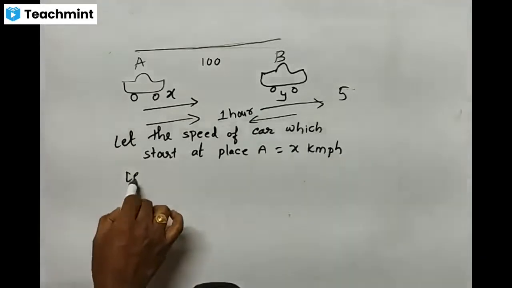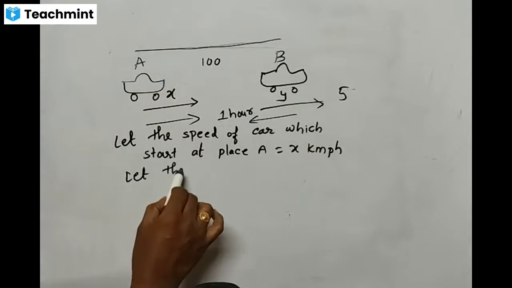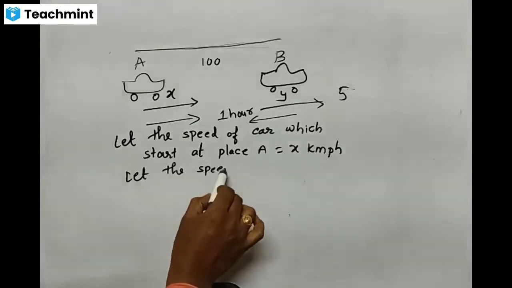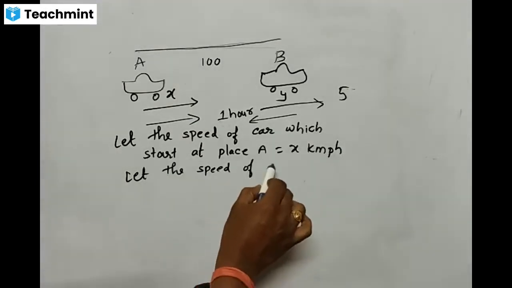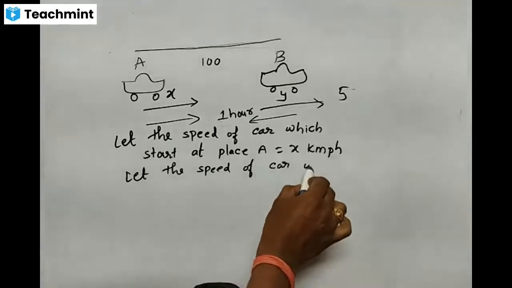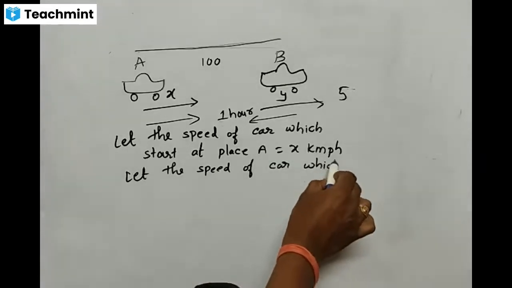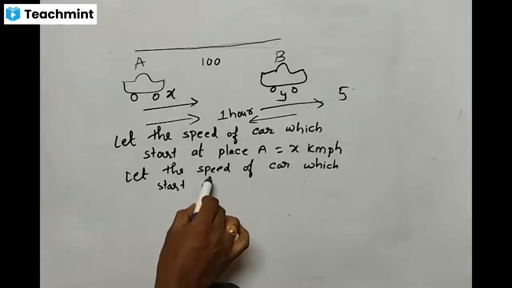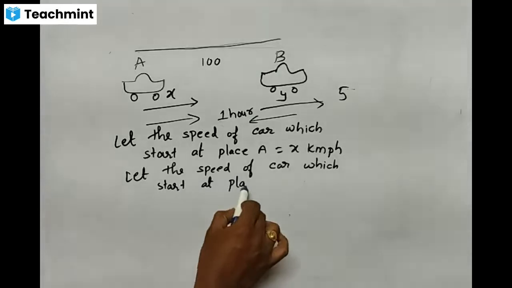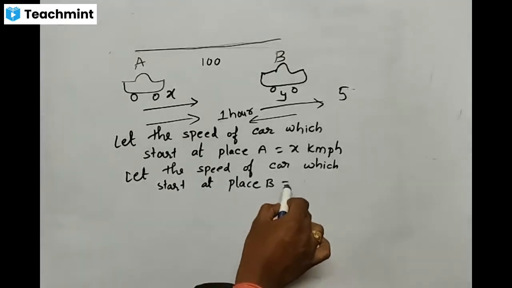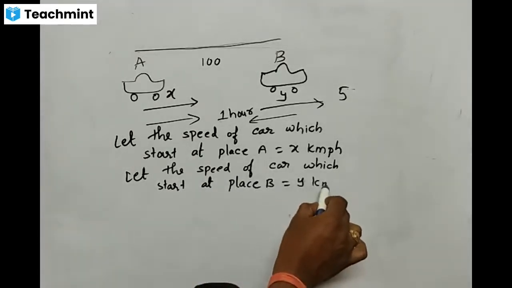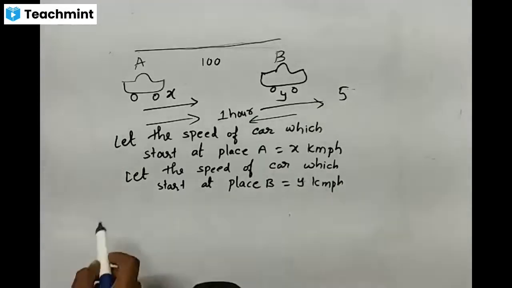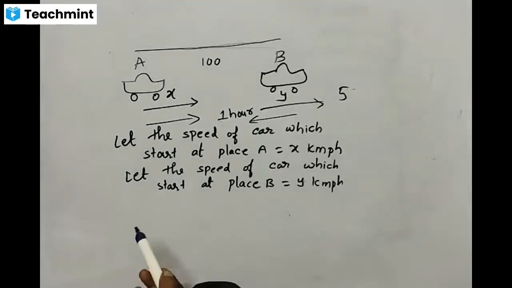Let the speed of the car which starts at place B be Y kilometers per hour. So this is the speed of the car which starts at A, X, and this is the speed of the car which starts at B, Y.